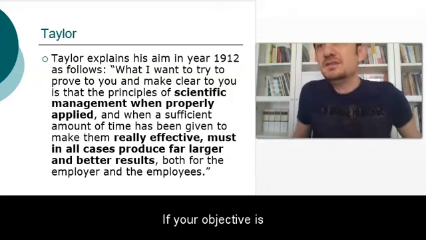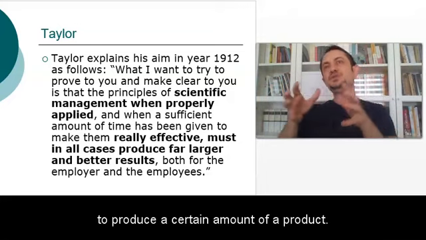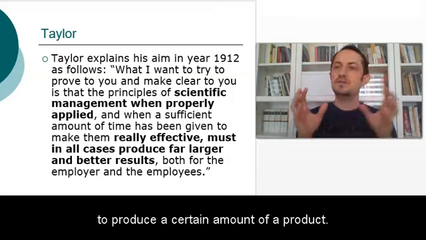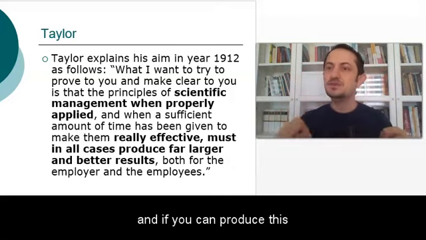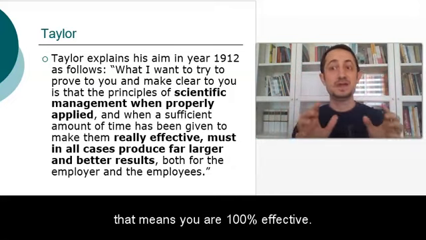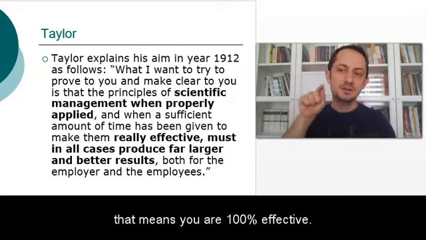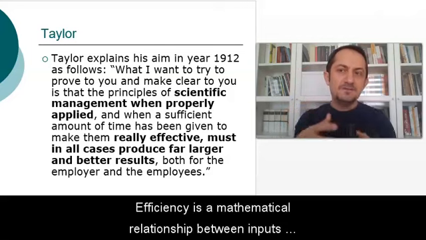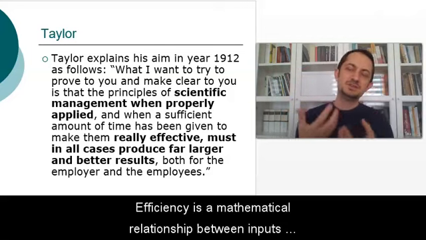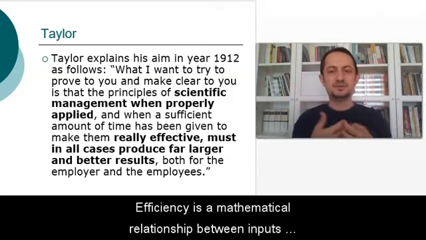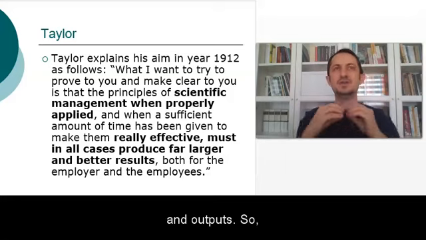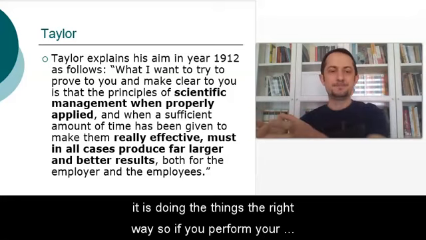If your objective is to produce a certain amount of a product, and if you can produce this, that means you are 100% effective. Efficiency is a mathematical relationship between inputs and outputs. So it is doing the things the right way.